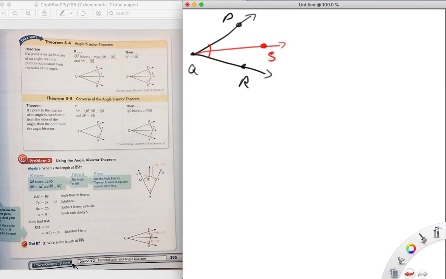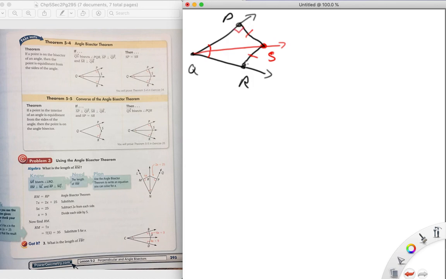Let's call it S. What the angle bisector theorem says is that if I have an angle bisector, I know that this guy cuts it in half. Then I know that the shortest distance from any point on that line to the sides of the angle will be the same.